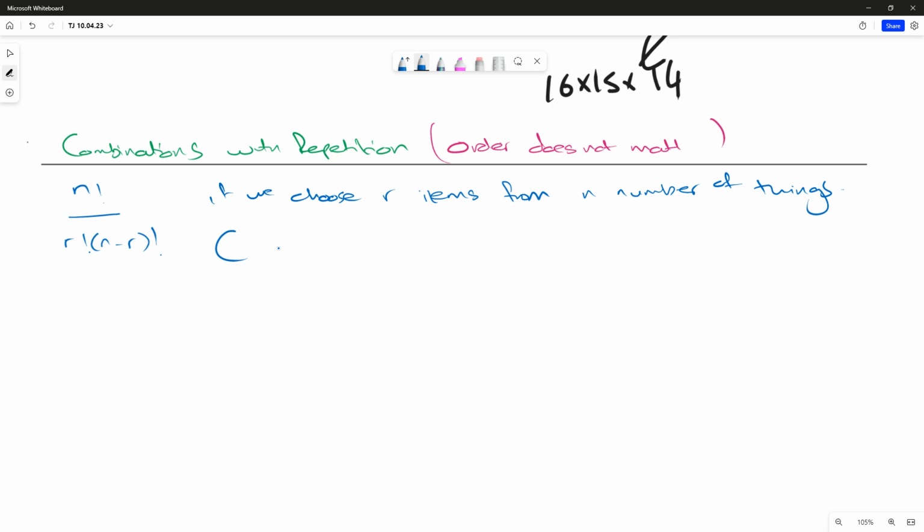We also use the notation C with the n at the back and r at the bottom, or C with n at the bottom and r at the bottom. Or we also write it as a column vector. So nCr is n factorial over r factorial multiplied by n minus r factorial. And let's have a look at an example of this now.